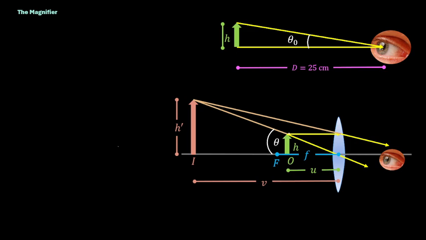So, the light rays which actually emanated from the top of the object, upon refraction through the lens and entering our eyes, appear to be coming from this point, which is higher up than the actual top of the object. So we can clearly see a magnified image of an object when the light rays are refracted through the lens.